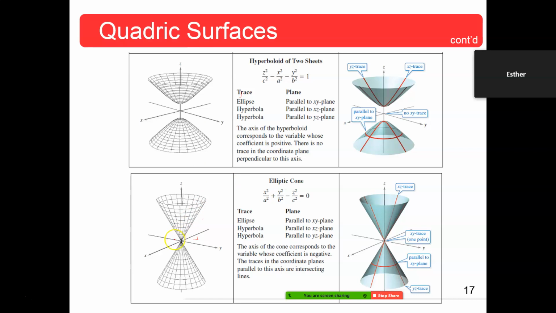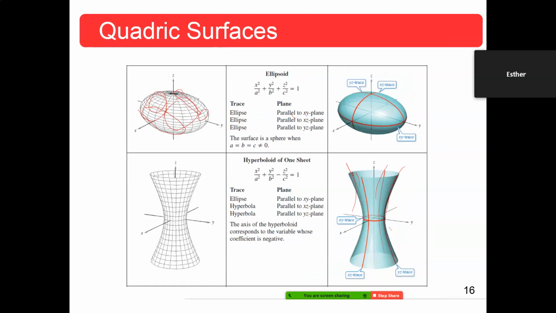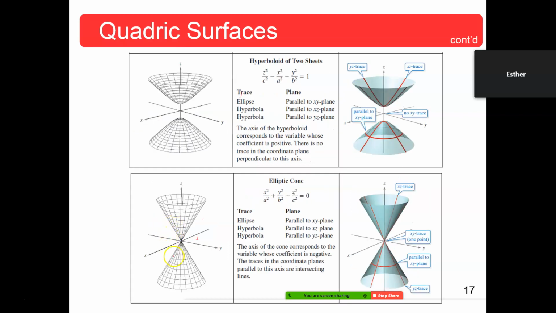It can exist here. So not too much of a surprise that it looks sort of like this hyperboloid of one sheet, except now the girdle has been tightened so that you're at one point right here.